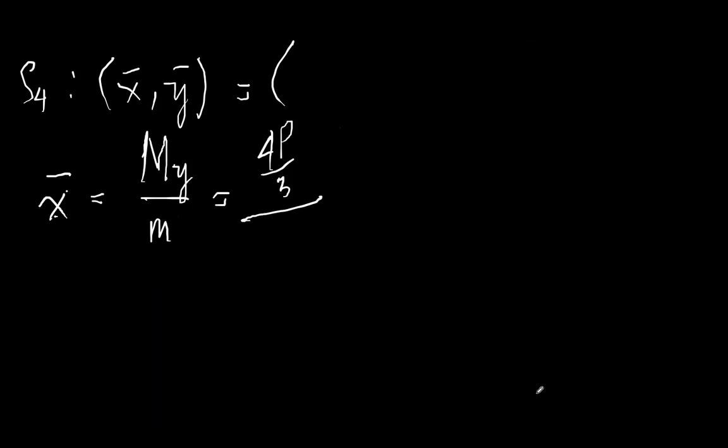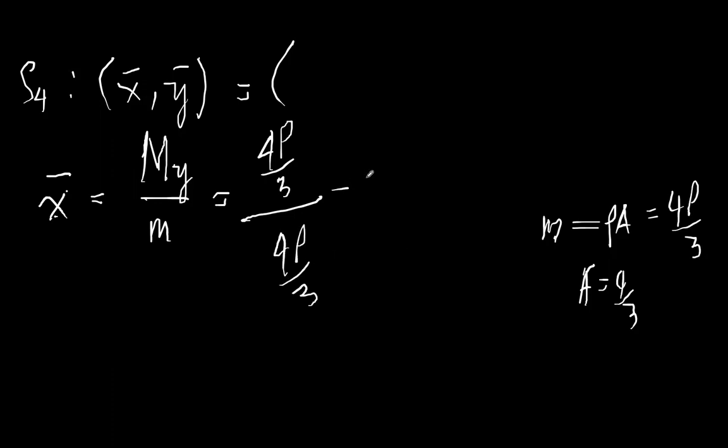Since mass is equal to rho times area, the mass is 4 rho over 3. So 4 rho over 3 over 4 rho over 3 is equal to 1. Therefore, x bar is 1.